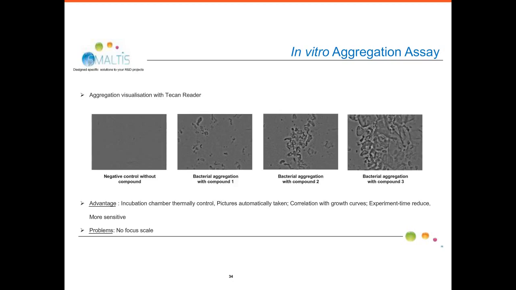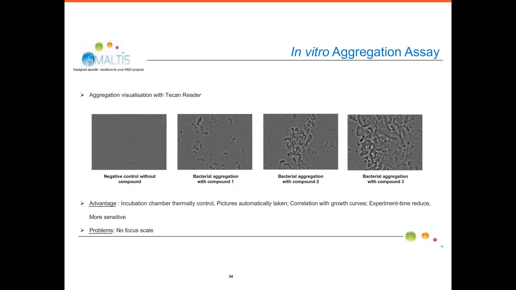The only small problem with the Tecan reader for this method is that you don't have a focus scale, and so sometimes when aggregates are too small, it's difficult to observe them well.